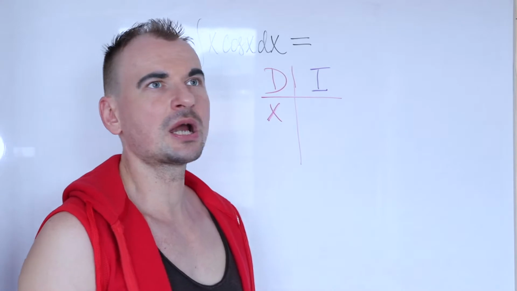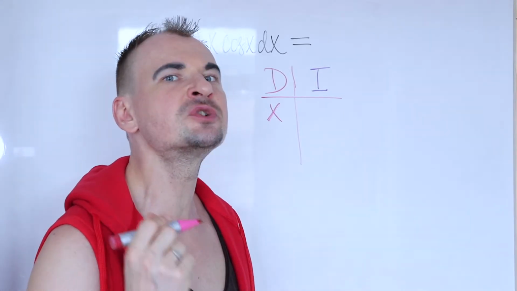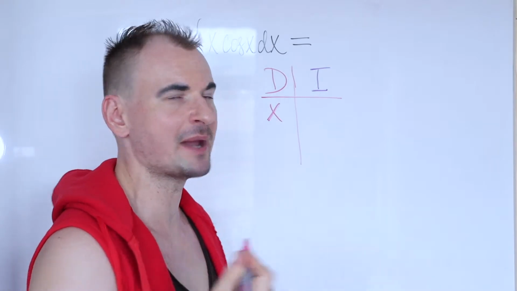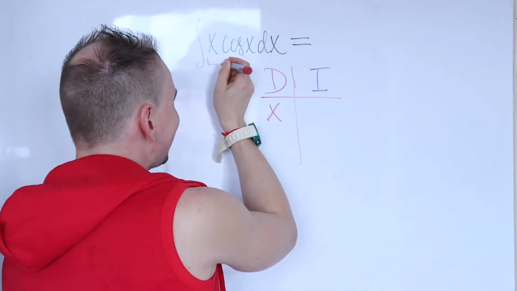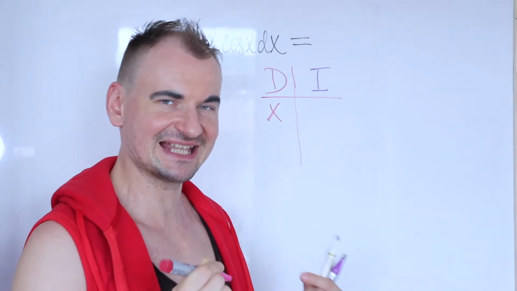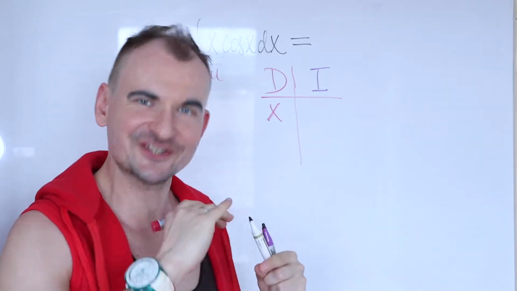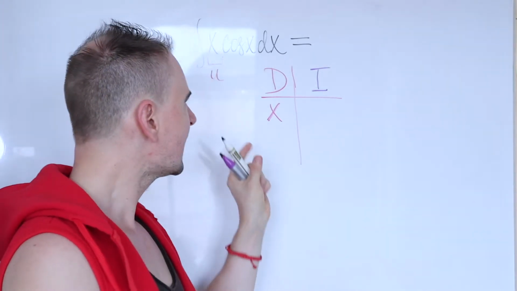And if you look at this as u and v according to the UV formula or integration by parts, this x has to be picked as u if you apply the UV formula straightforwardly.